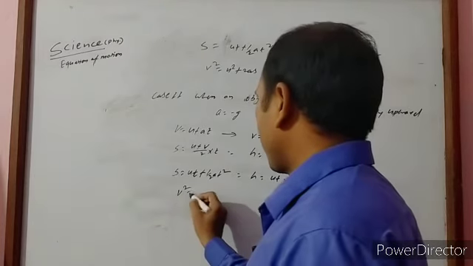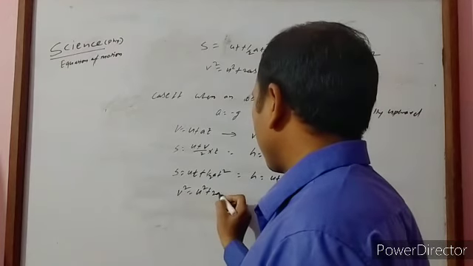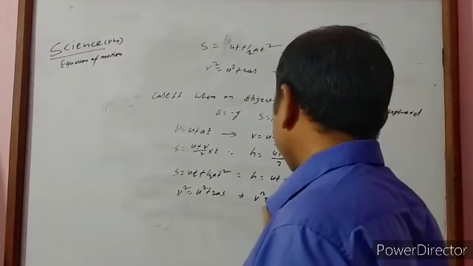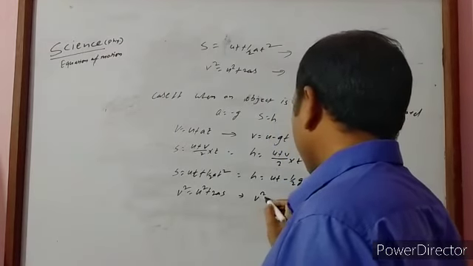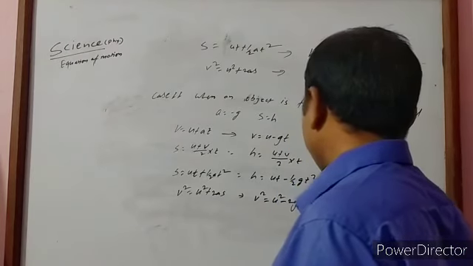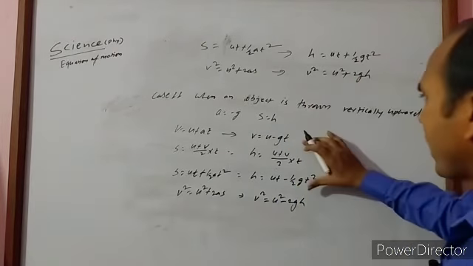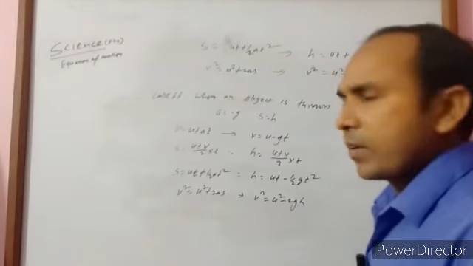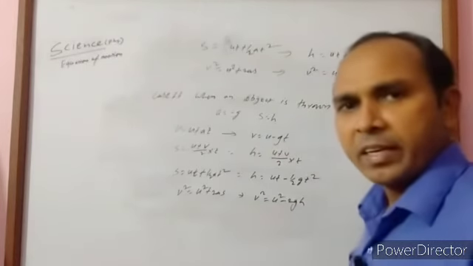Other, v square is equal to u square plus 2as becomes v square is equal to u square minus 2gh. Okay, these all formulas are applicable when an object is thrown vertically upward, that is the value of g becomes negative.